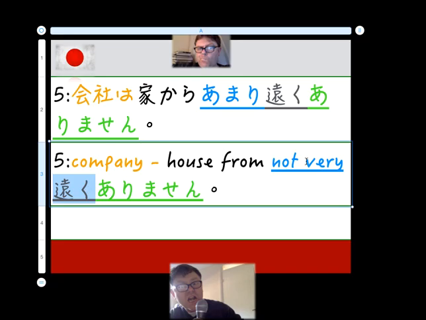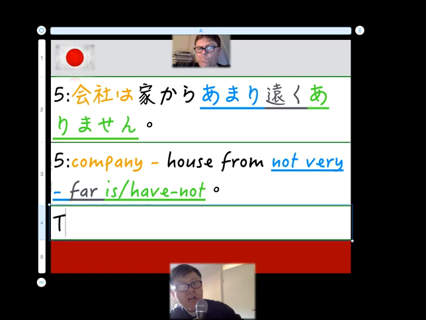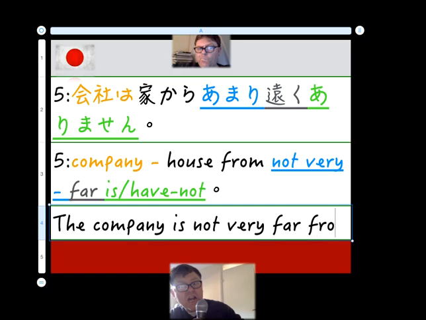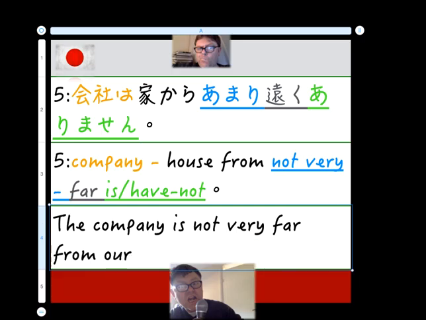So before we do that, rules are rules. So not very, and then tooku, far. Okay, arimasen is have, not. Is not. So here we go. So in good English, the company is not very far from our house.